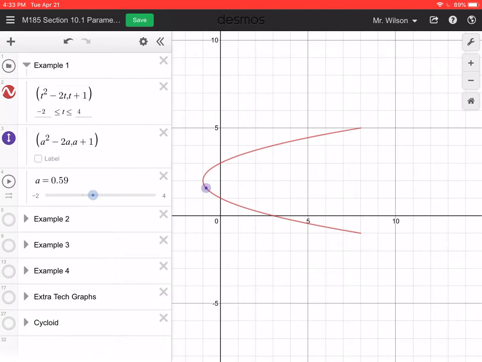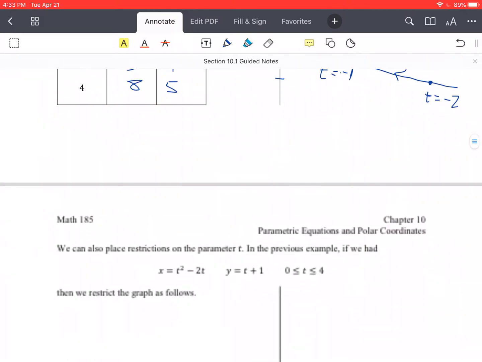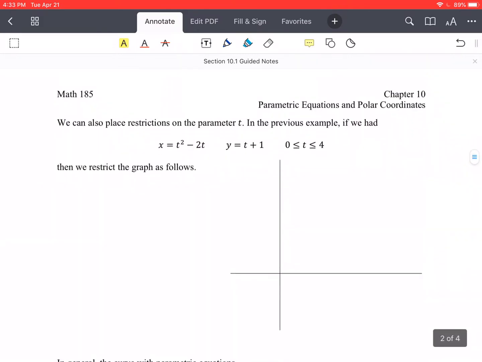So let's just look at the next page really quick here. Alright, so using the same example, we can also place restrictions on parameters, and oftentimes that is what we will do.